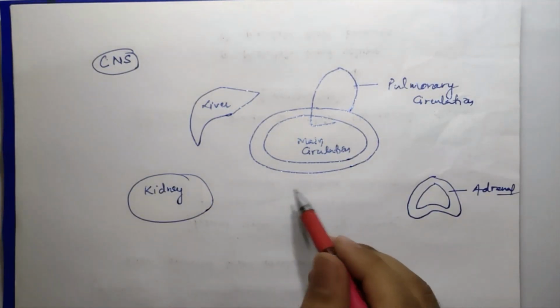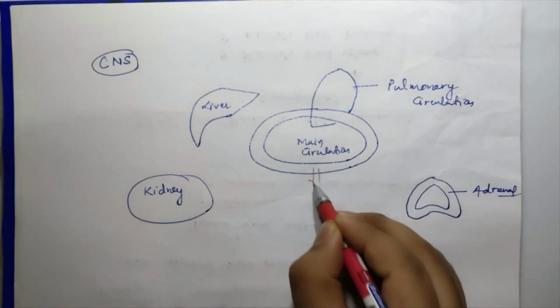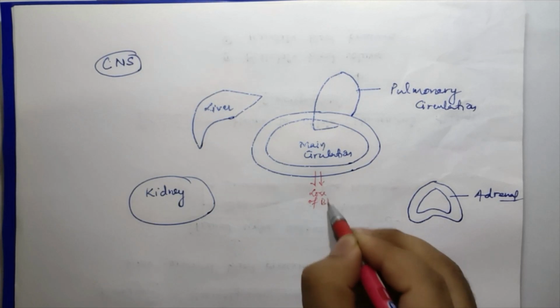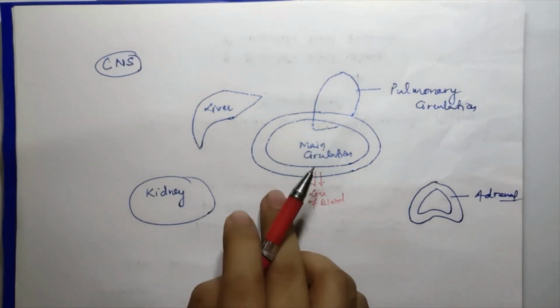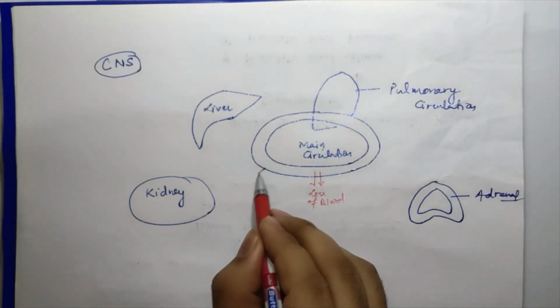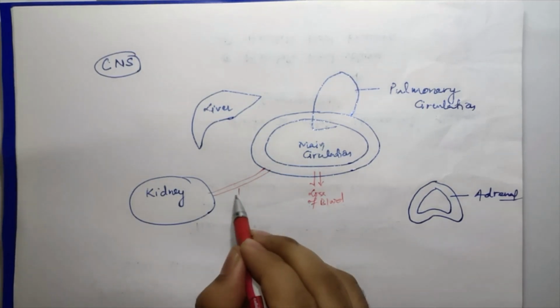So starting from this system, when there is loss of blood, the blood volume and blood pressure are also altered, and the blood which is being carried to the kidney is also reduced.